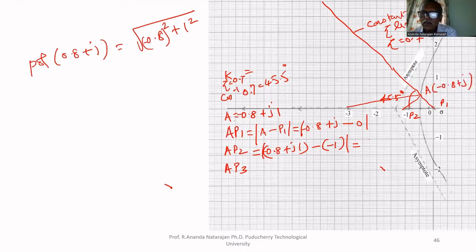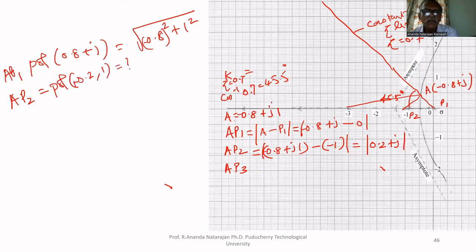Therefore, it is equal to 0.2 plus j. So AP2, you can call polar coordinate of 0.2 comma 1 and you will get the value from the calculator, or you can calculate this way: square root of 0.2 square plus 1 square.